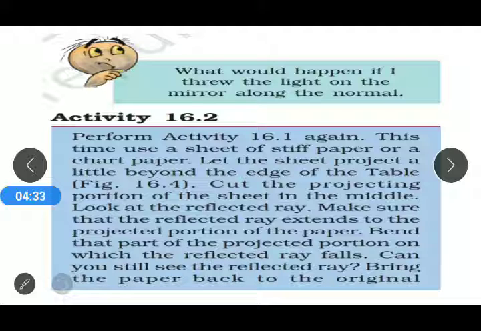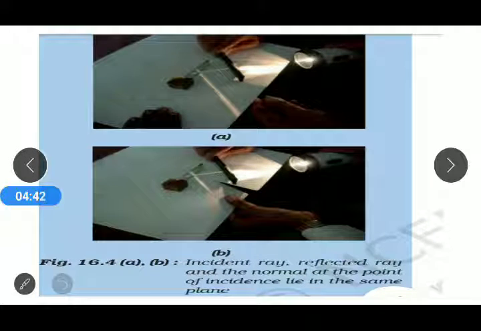Now we will perform another activity. To understand the second law of reflection, we are just extending the setup of the first activity, that is activity 16.1.